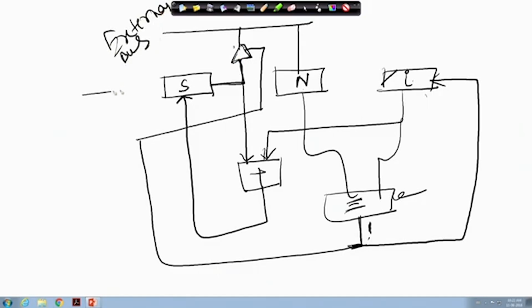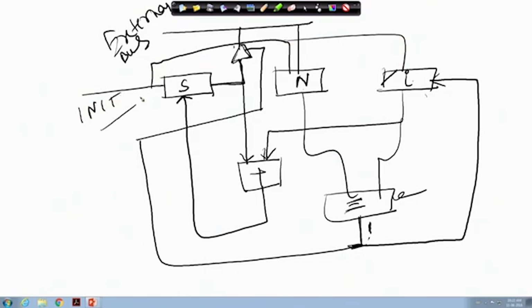And what do I need? I have this, this is the initial value. Here I think it will be clear: here it will be load and here it will be in init.